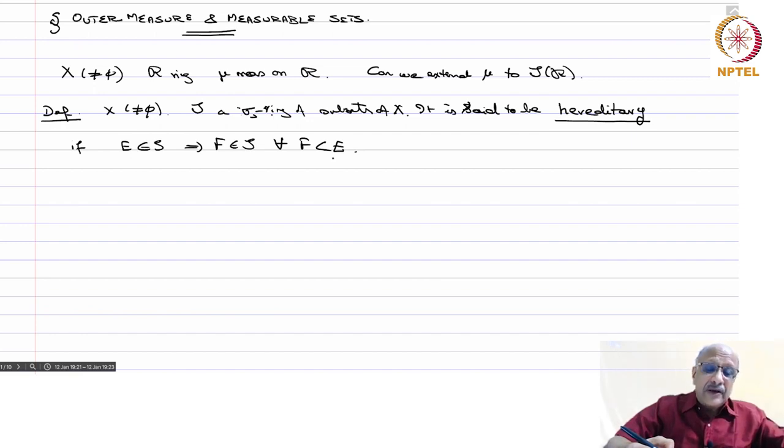So that is the hereditary property. If you have a set E which is in S, then all subsets automatically belong to S.